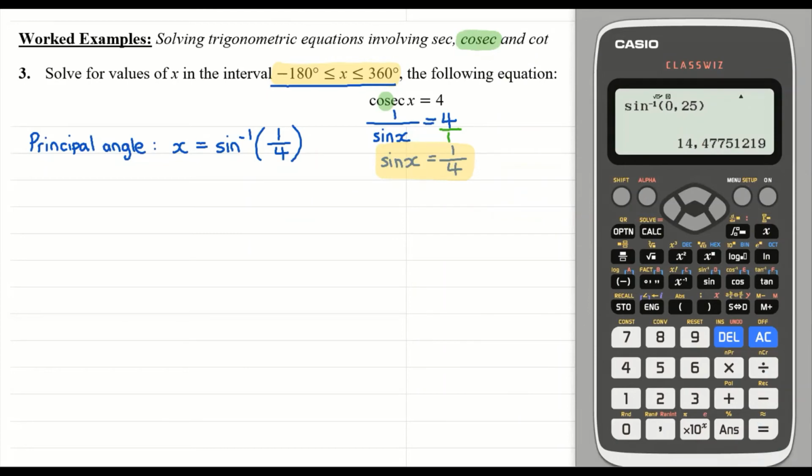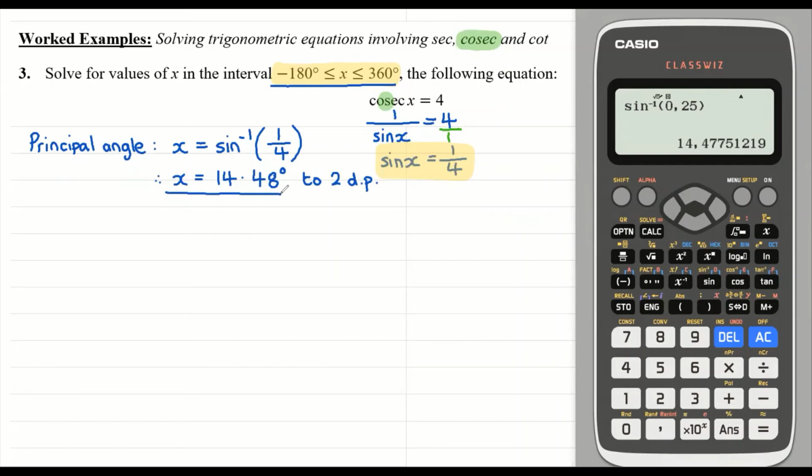So I'm going to use 4 significant figures, or in other words, 2 decimal places will be safe for now. Okay, so I'll just state that. So therefore, x is going to equal 14, and there's a bit of rounding to be done, 0.48 degrees to 2 decimal places. Okay, that's my principal angle.